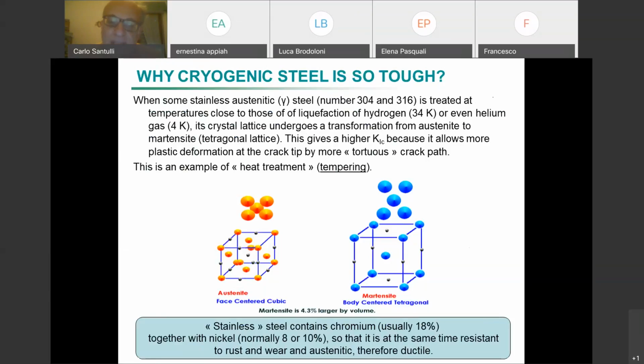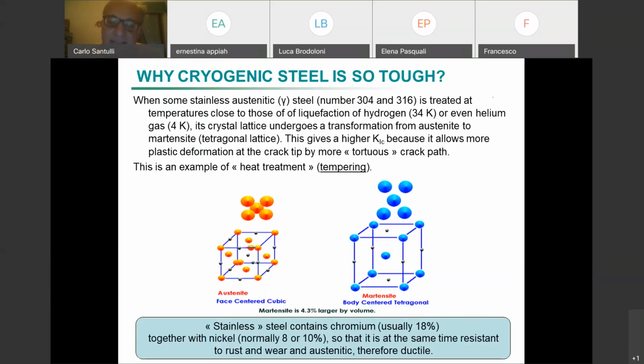In practice, what happens when you get to the crack tip is that the crack path, instead of being straight to failure, because once you have exceeded K1C the crack goes straight to failure, in this case you may have some deviation and some tortuous paths, which means that failure is delayed.